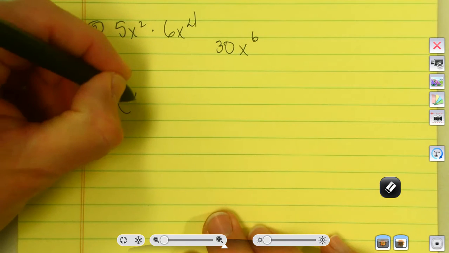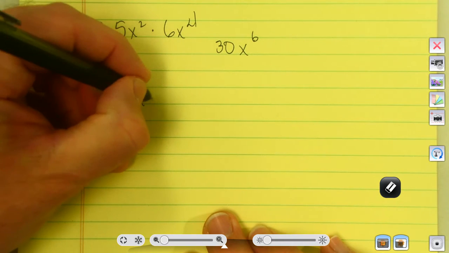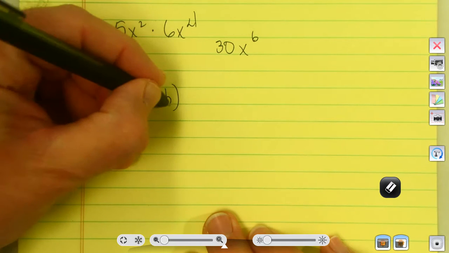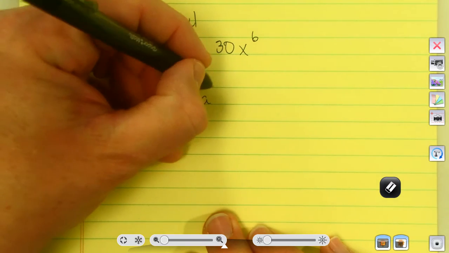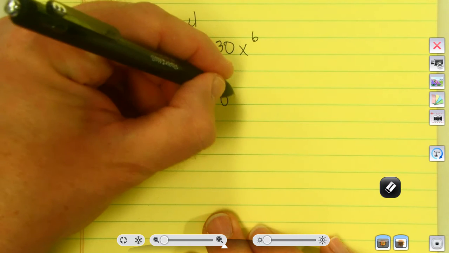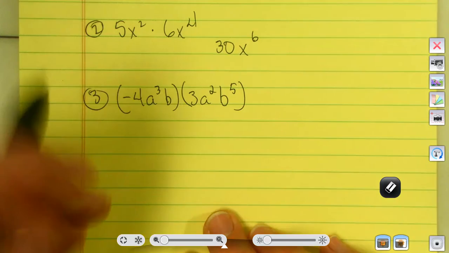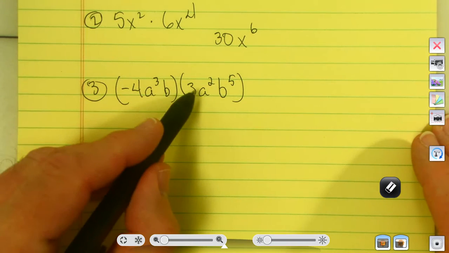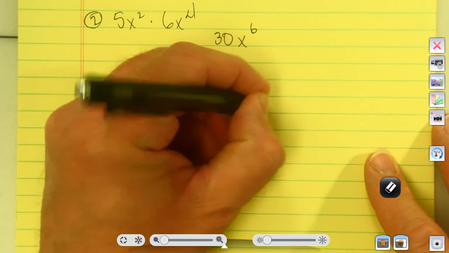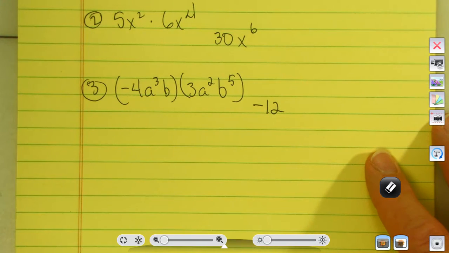Negative 4 a cubed b times 3 a squared b to the fifth. All right, so I've got a negative 4 times a positive 3. That's a negative 12.